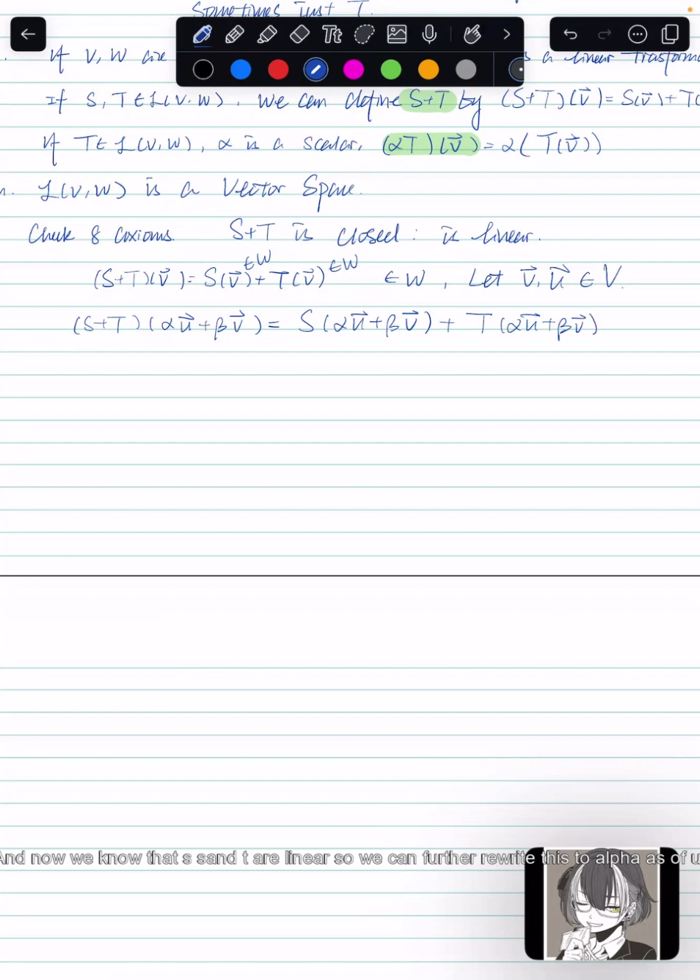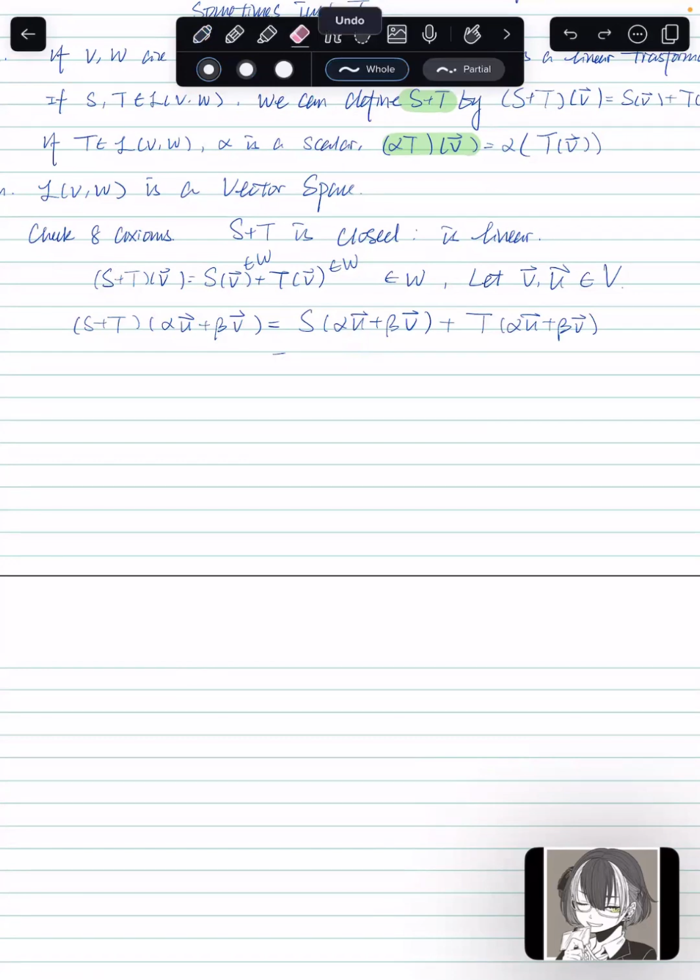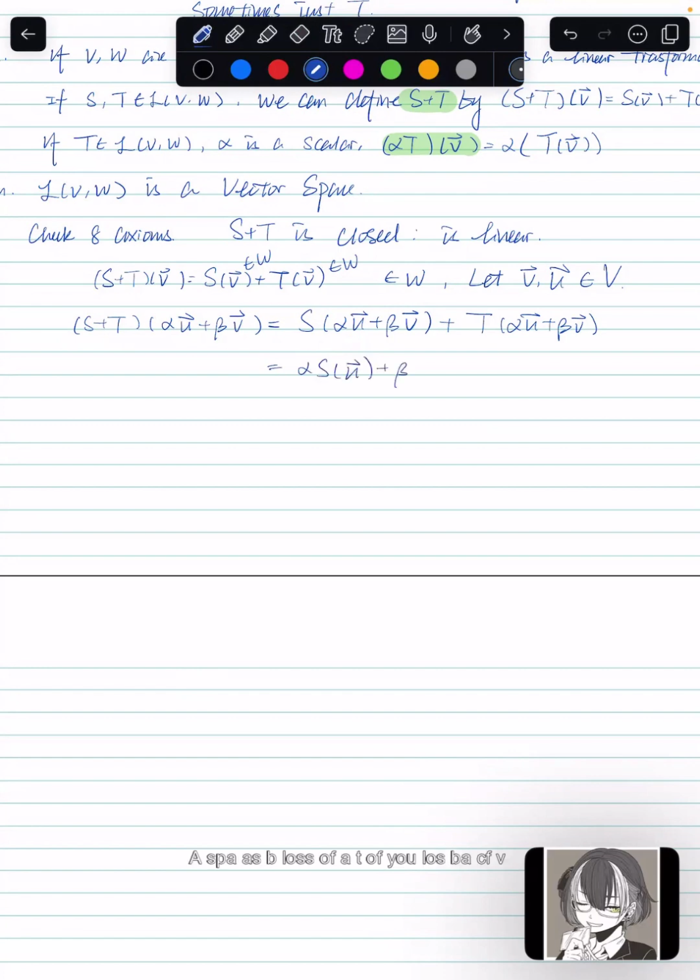And now we know that S and T are linear, so we can further rewrite this to alpha S of U plus beta S of V plus alpha T of U plus beta T of V.